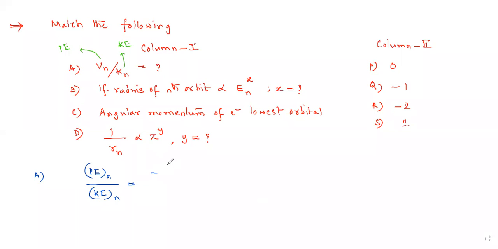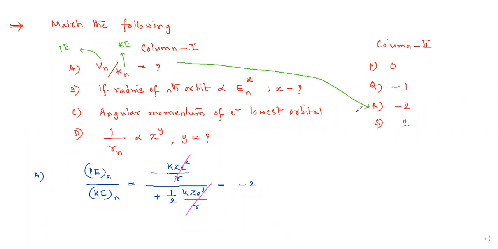Yesterday I told you that potential energy is minus k z e square by r, and kinetic energy is plus half k z e square by r. So k z e square by r get cancelled. So what do you get? This 2 goes into numerator. Then the answer would be -2. Isn't it? Because there is a minus sign. So for A it is -2.